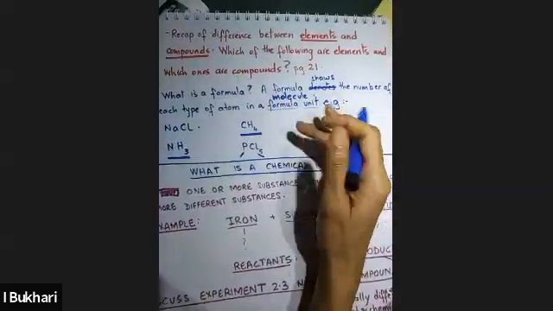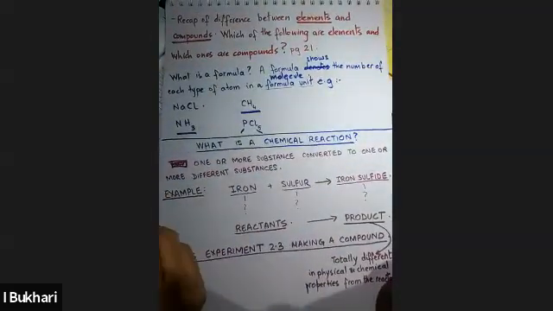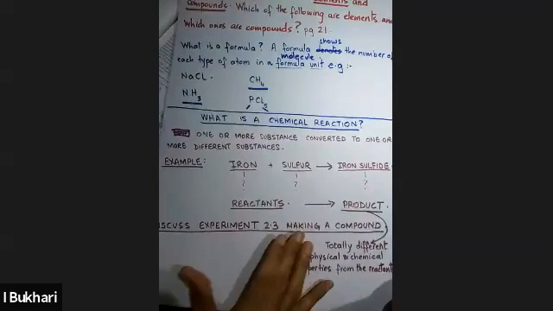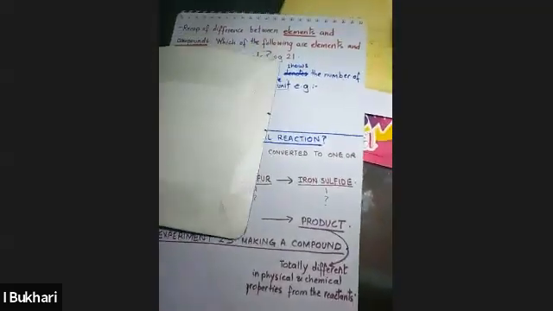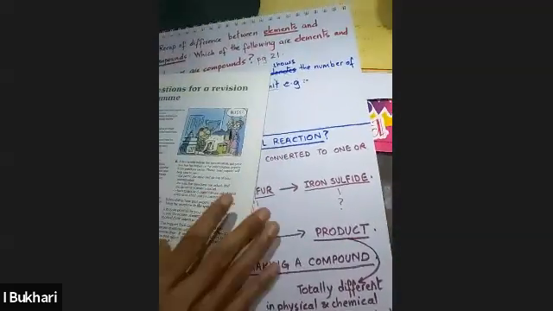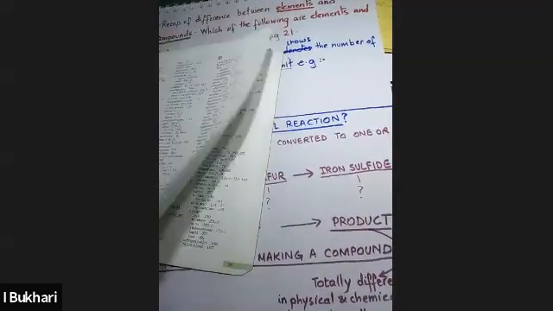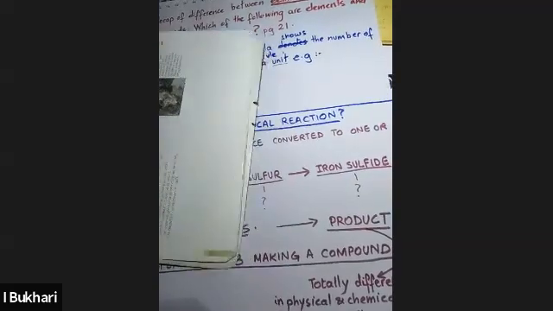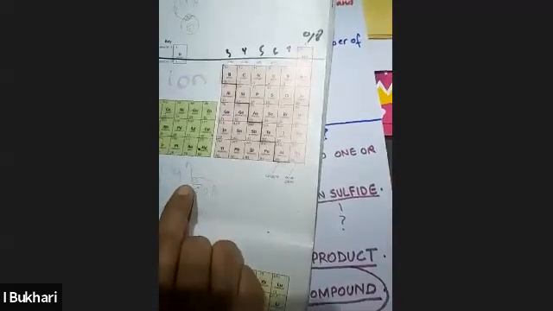So formula is where we use symbols for the elements. In my last class regarding atomic structure, I talked about the periodic table. The periodic table is given at the back of your book, and you can see that each element is given its name, symbol, and an identification number, which we call atomic number.